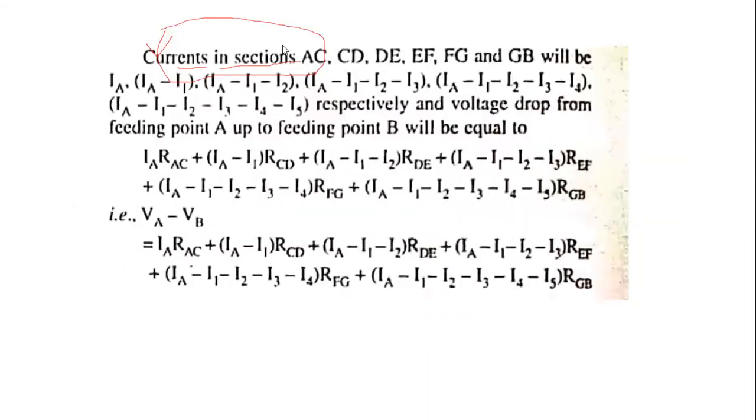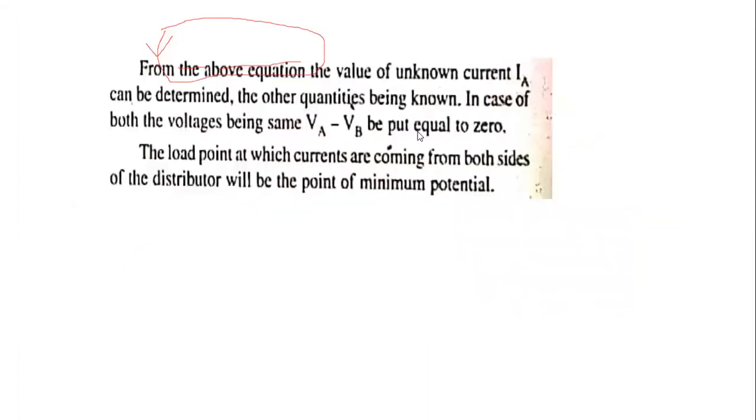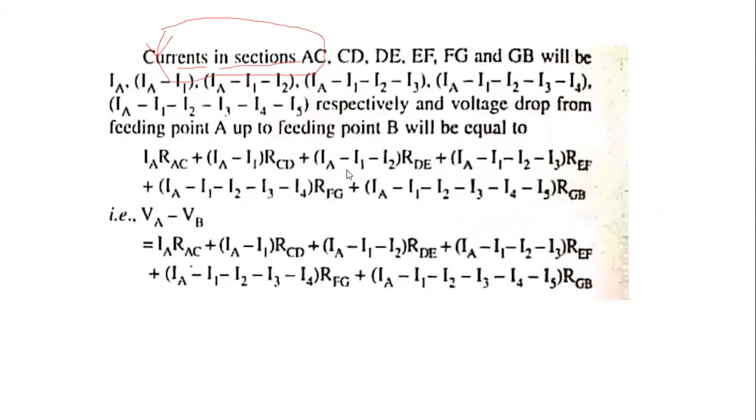That is the current at sections AC, CD, DE, EF, FG and GB, and we are drawing the diagram also. This is the DC distribution fed at both ends.